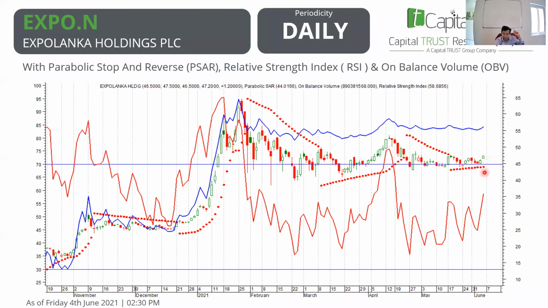People in our market, either they are over enthusiastic or something like that. So anyway, still the RSI is low and plenty of potential for it to go up. It's not as bad as any other stock, but it has potential, but you have to be patient.